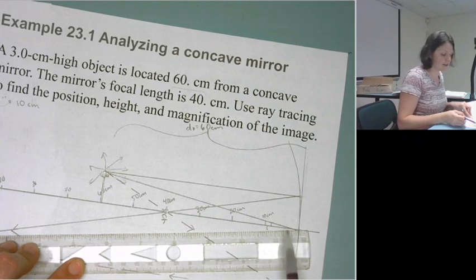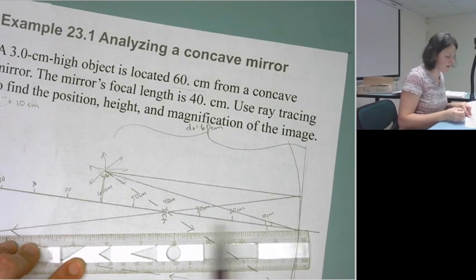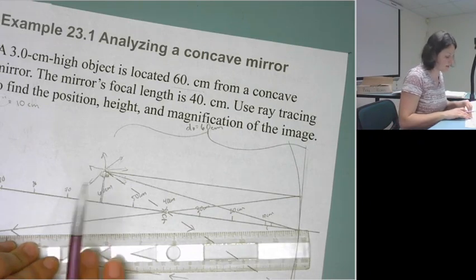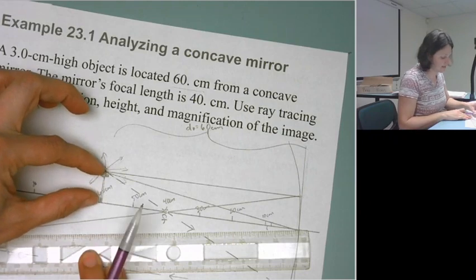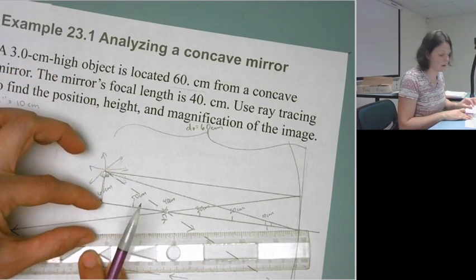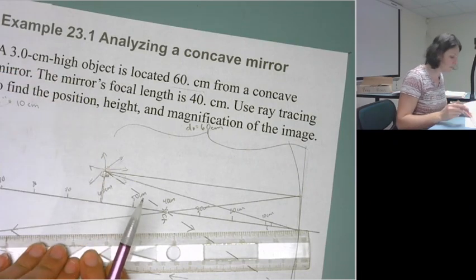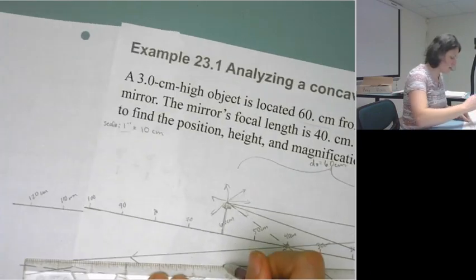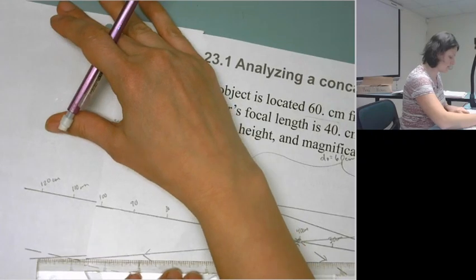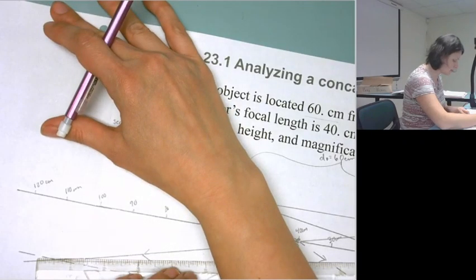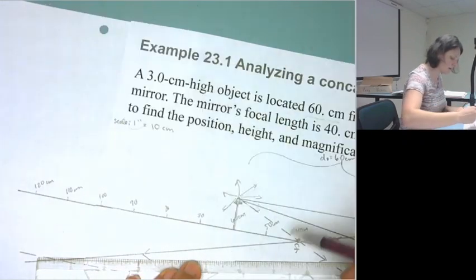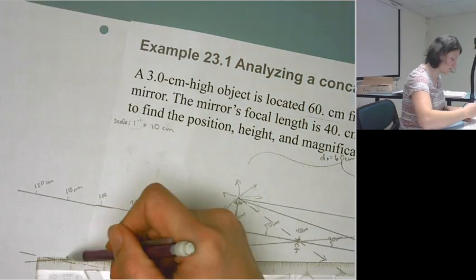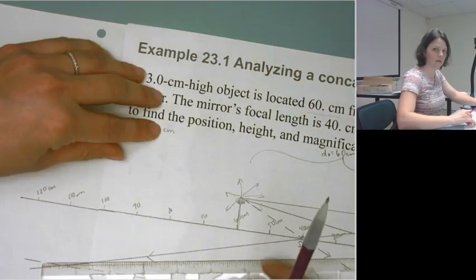Another way that I can know that I'm drawing this well is that right when I get to the object, this height needs to match that height. So that's sometimes easier when you're drawing that. So there's my third ray. Looks better. Comes out through here like that.